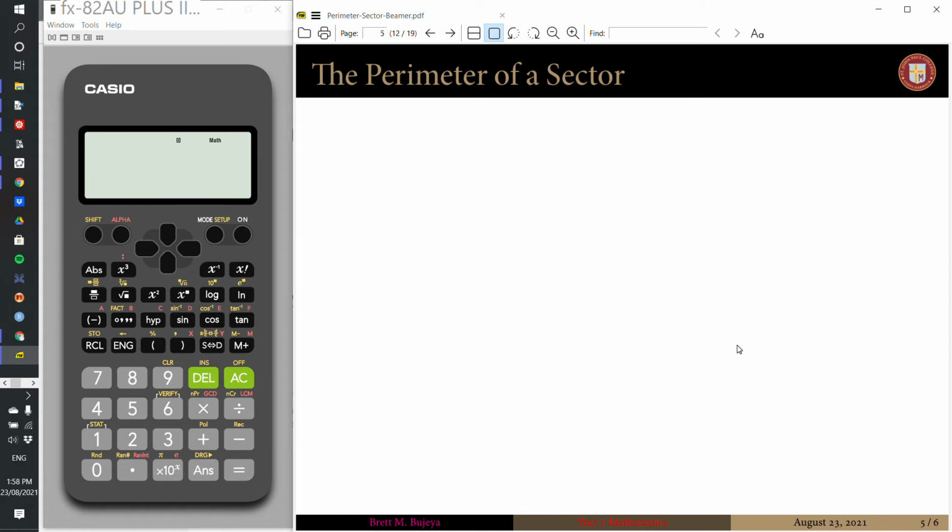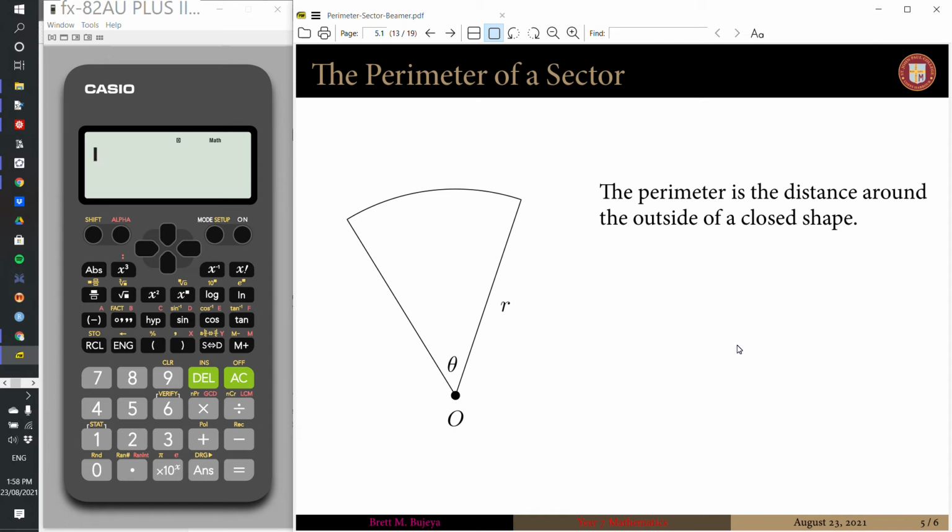If you use your definition of perimeter that you would have learned in primary school, perimeter is the distance around the outside of a closed shape. That's the important part. It's the distance around the outside.